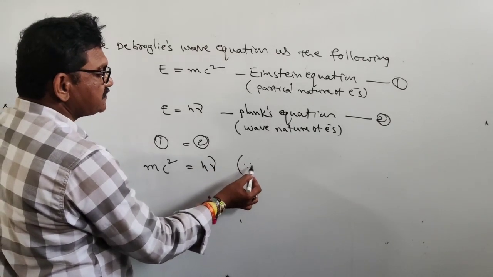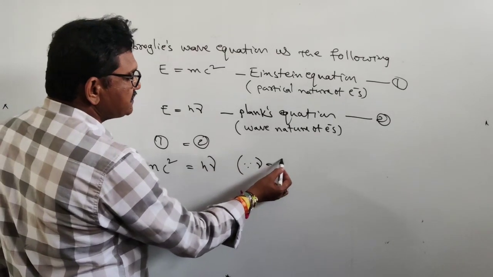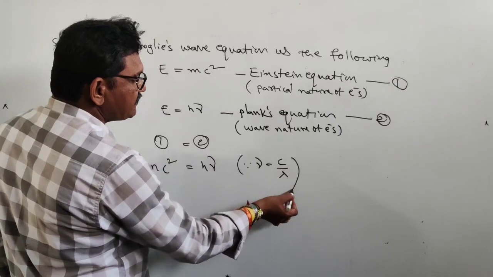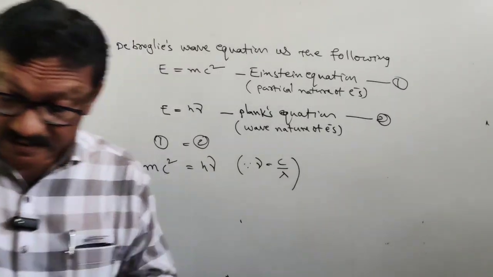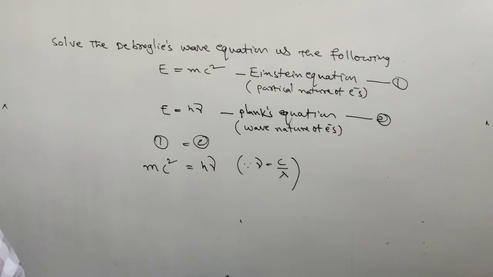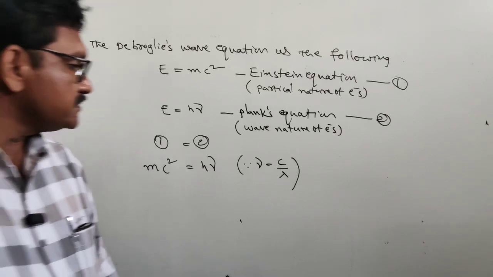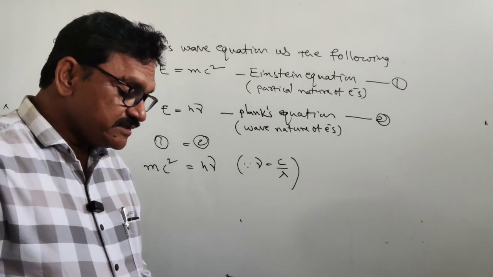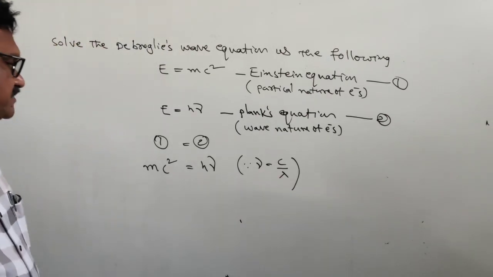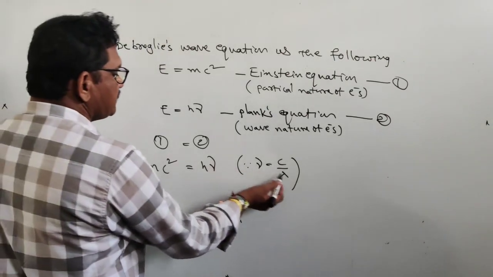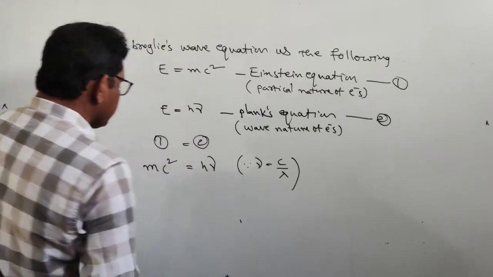Already we studied mu is equal to c by lambda; frequency and wavelength are inversely proportional. Mu is equal to c by lambda. This is the frequency of electron, this is the wavelength of an electron.